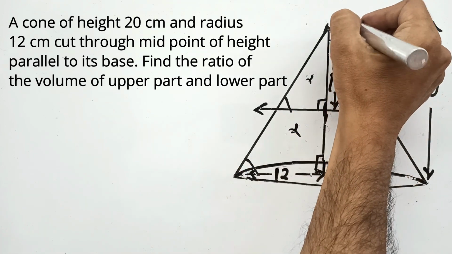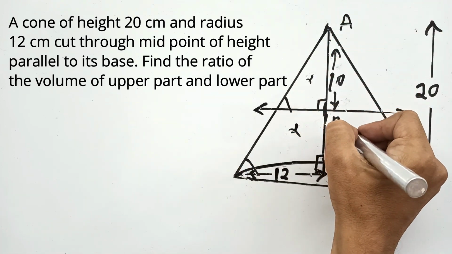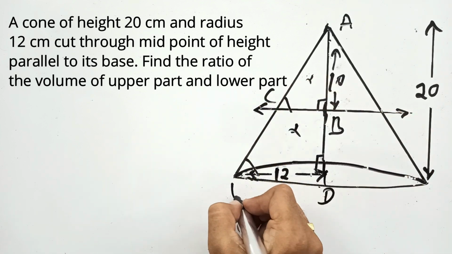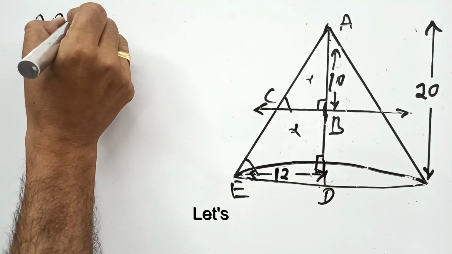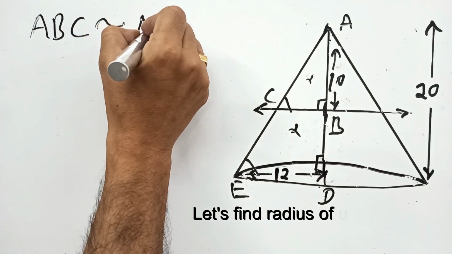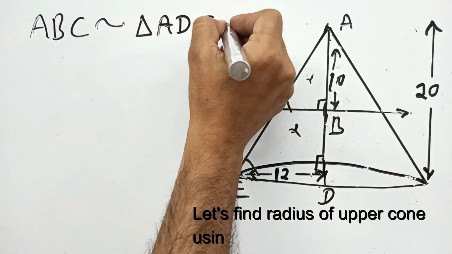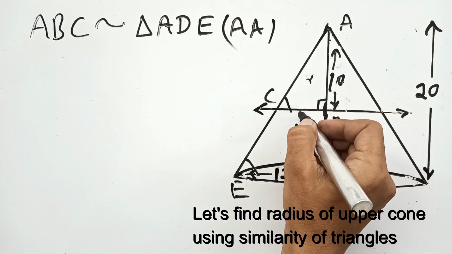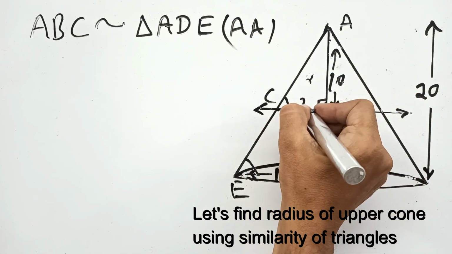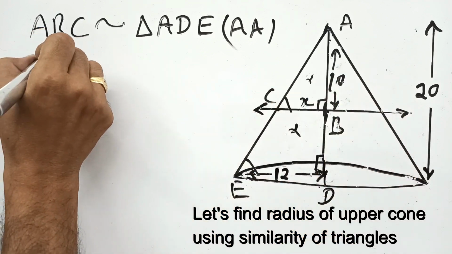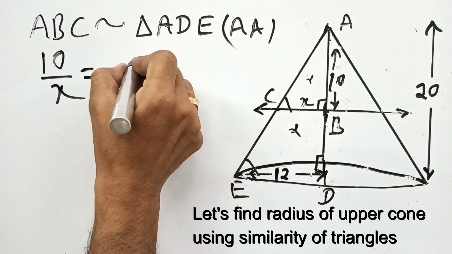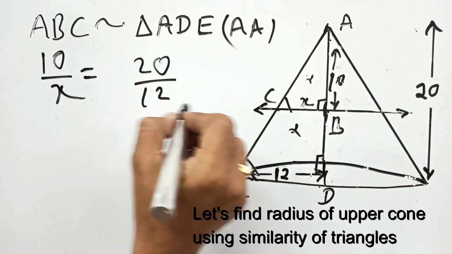So we can give the names A, B, C and this D, E. So the ratios will be equal. This 10 upon this, suppose this radius is x. 10 upon x will be this 20 upon 12.